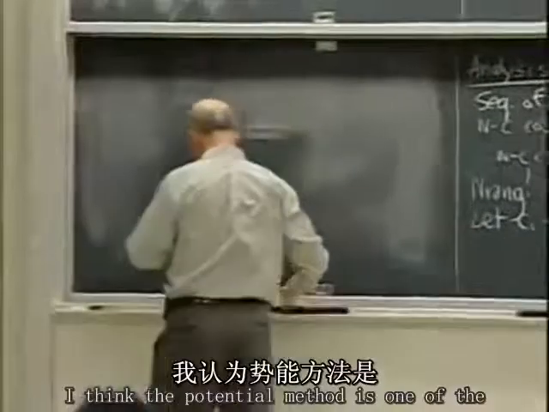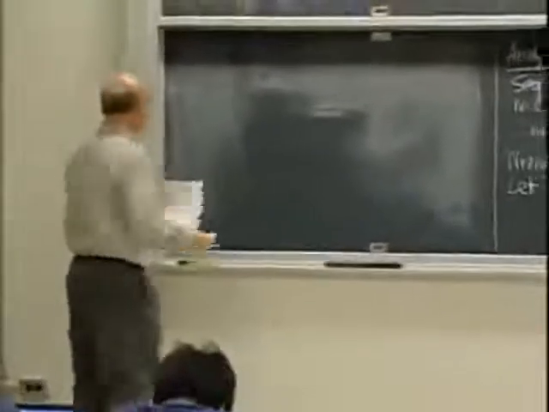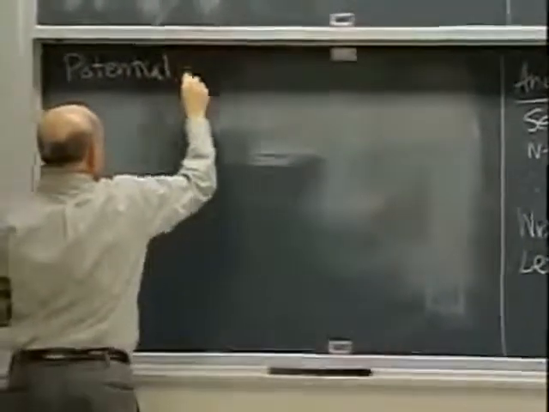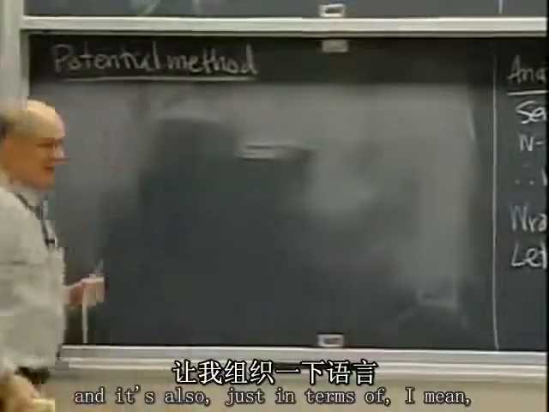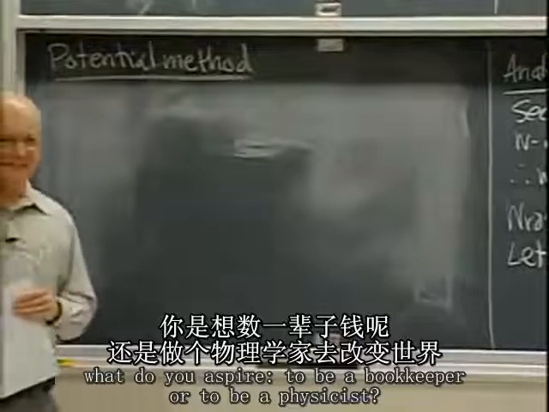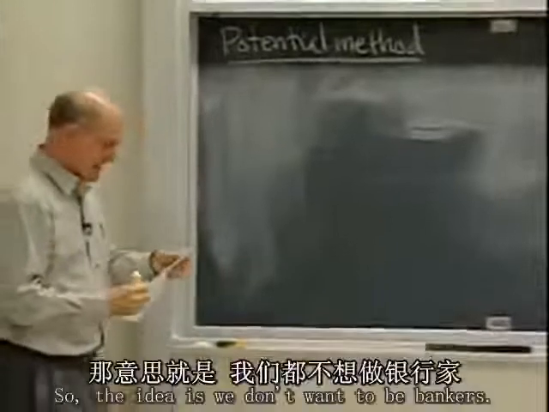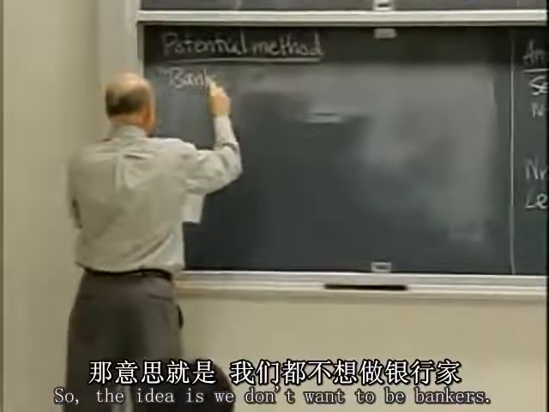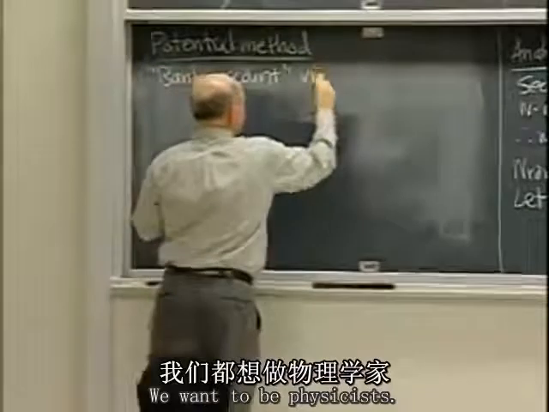I think the potential method is one of the beautiful results in algorithmic analysis. Just a beautiful result, a beautiful set of techniques. And in terms of what you aspire to, do you want to be a bookkeeper or a physicist? The idea is we don't want to be bankers. We want to be physicists.